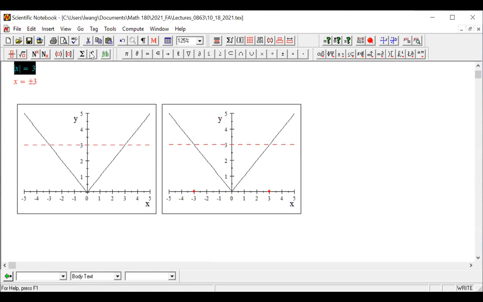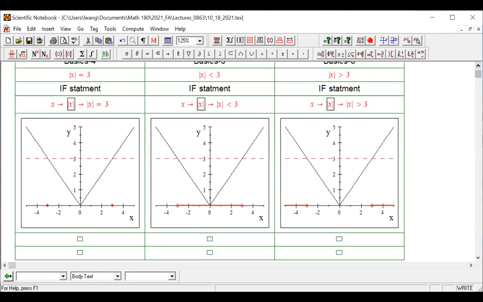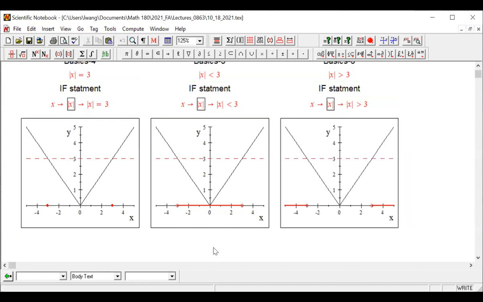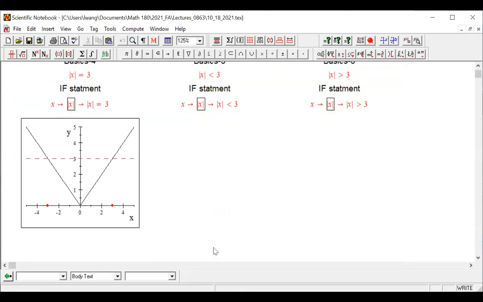For the first piece, the work you need to show is really just this much: X equals +3 or -3. To solve that inequality, it's -3 less than X less than +3.